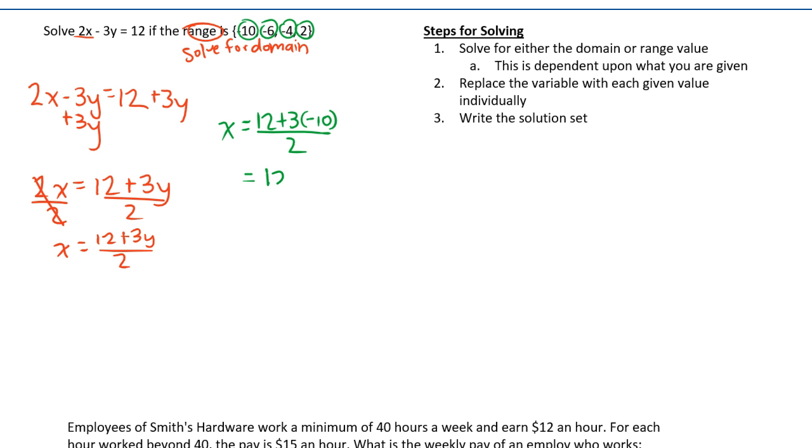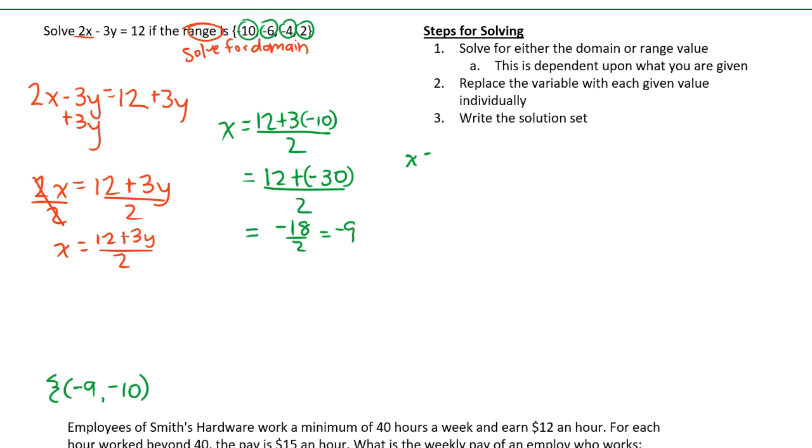And so now we have 12 plus negative 30, or you could say 12 minus 30, divided by 2. And so we have a negative 18 over 2, which is a negative 9. So part of our solution set then is, now make sure we get the order right, x is negative 9, and then our range, which is what we've been plugging in, is negative 10. Okay, let's do negative 6 now.